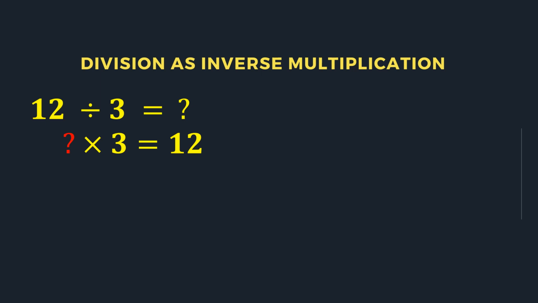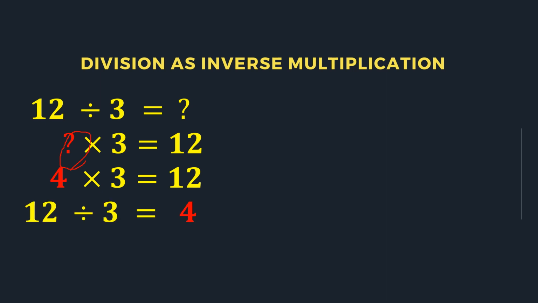What times 3 is equal to 12? That is the factor left behind in the multiplication base fact that we need to find. So 4 times 3 is equal to 12. Therefore, 12 divided by 3 is equal to 4.